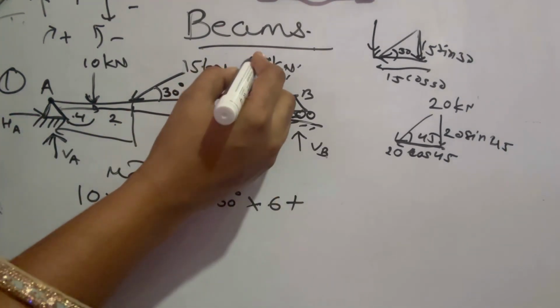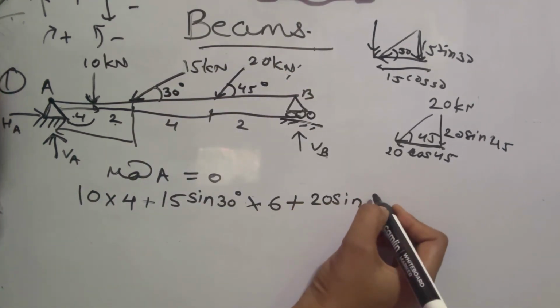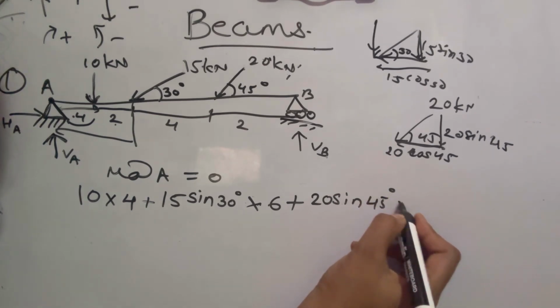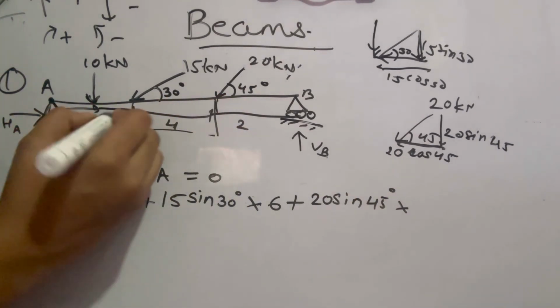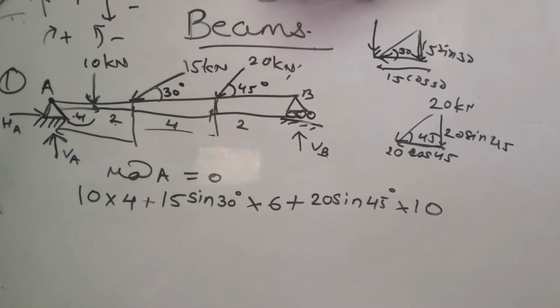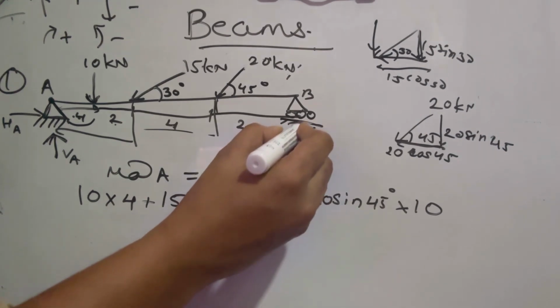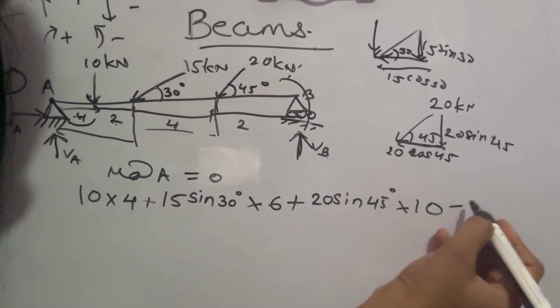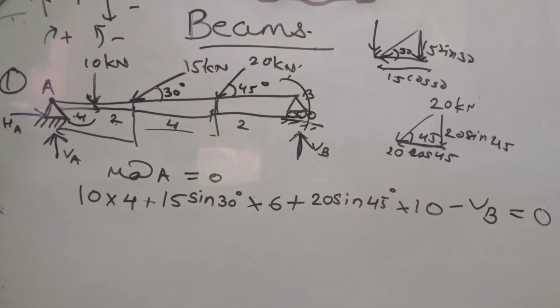Then third is 20 sine 45 degrees into the distance from here to here, 4 plus 4 is 8, 8 plus 2 is 10. And the last one is this reaction, and this is going in anti-clockwise direction, so minus VB is equal to 0.